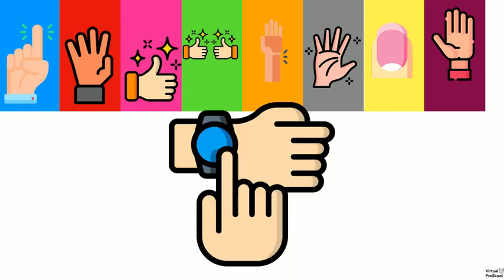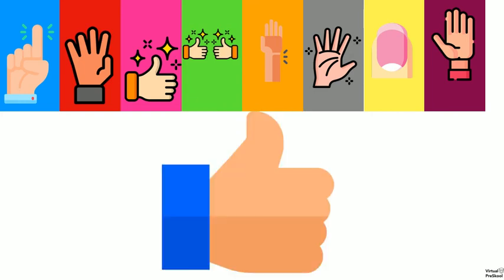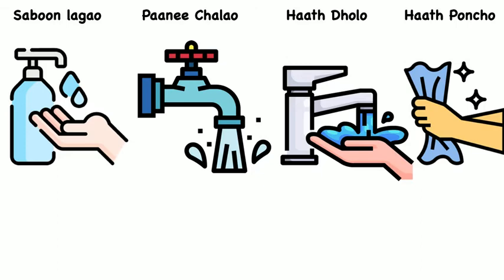Nakhun are nails. And again, for the watch on his wrist, how do we say wrist? Kalai. Kalai is wrist. And again, thumb. Thumb is angutha. Angutha. All right, very good work on that.